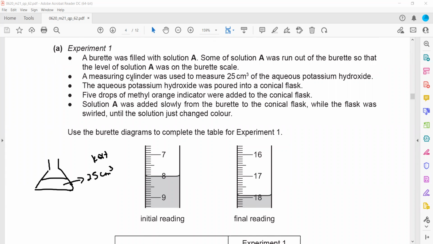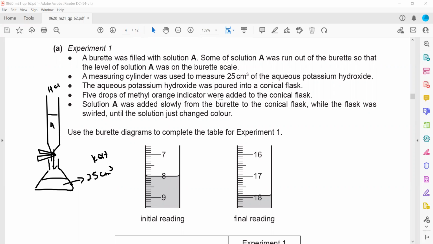A burette is filled with solution A. Solution A is basically HCl. We don't know the concentration, that's why we are saying it's solution A. And we add HCl. So HCl reacts with potassium hydroxide until the indicator shows a color change.